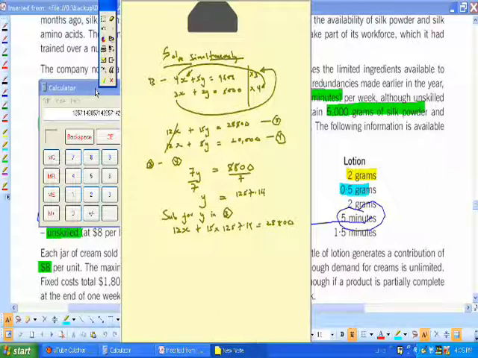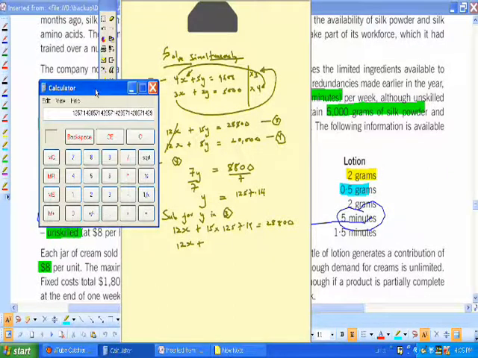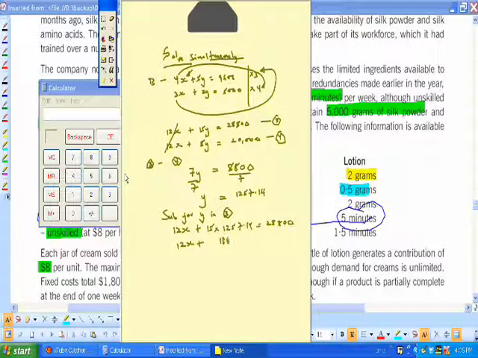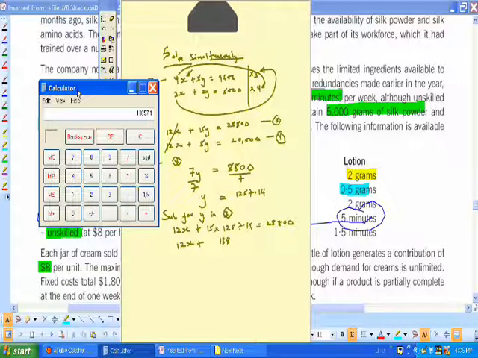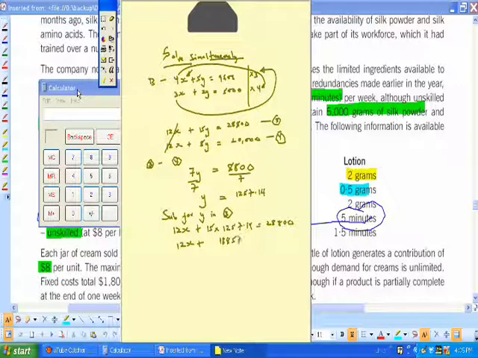So if we solve this equation, we have 12x plus 15 times 1257.14, which gives you 18,857.1, is equal to 28,800.